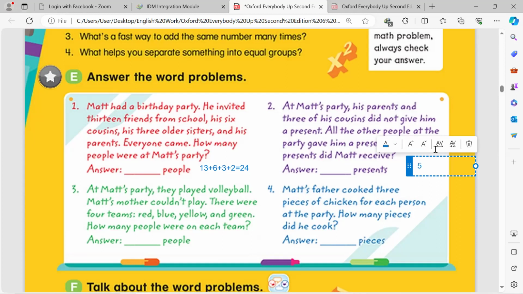Why didn't those people give Marty presents? His parents and 3 of his cousins, 3 and 2 is 5. The 5 people didn't give him a present. All the other people at the party gave him a present. So how do you think?